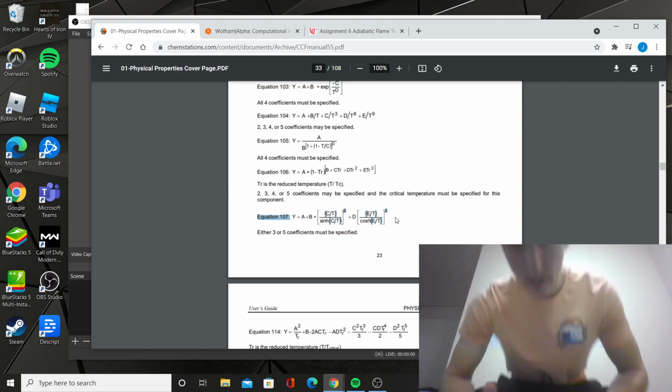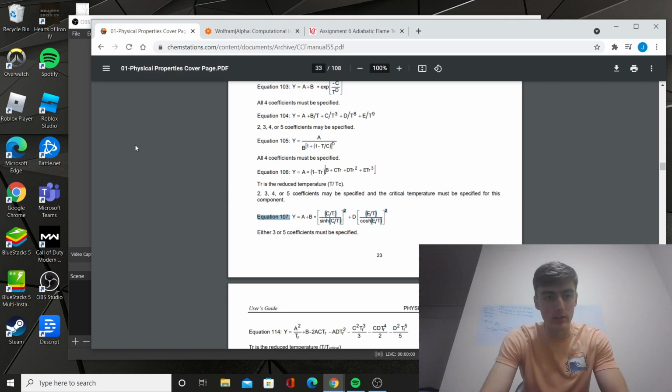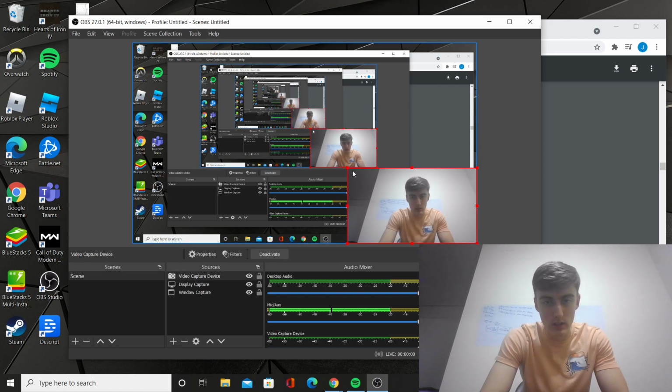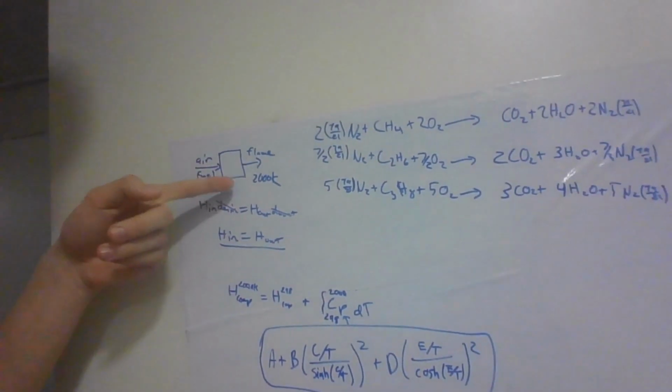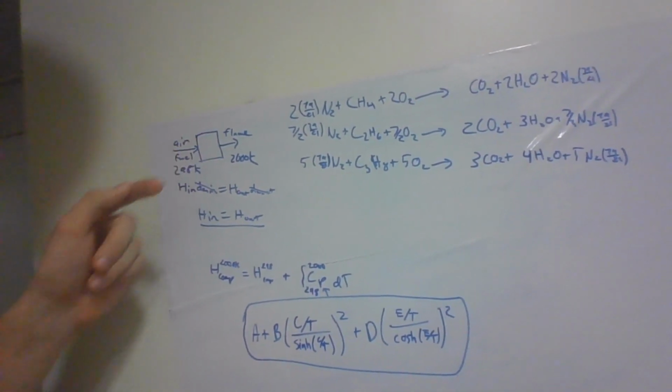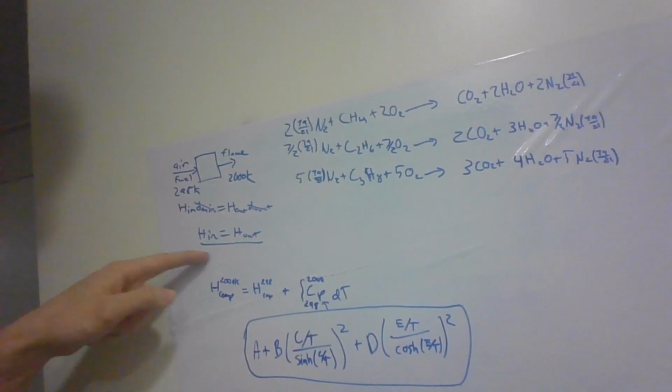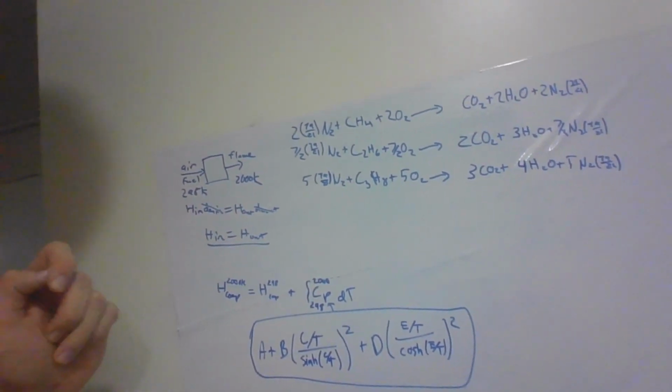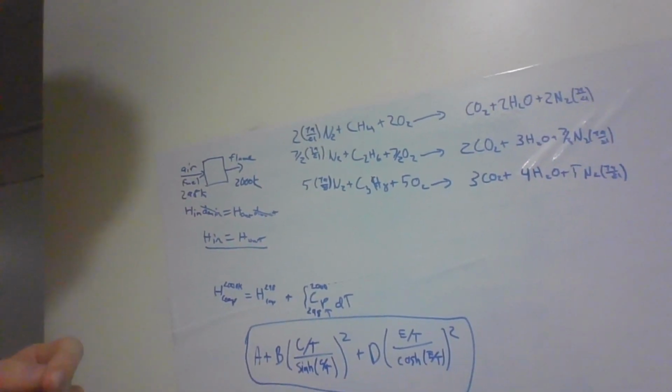However, I'm going to give a little close-up here and explain some stuff. Just to reiterate, we have our system where we put our air and our fuel in to get a flame, and the enthalpies will be equal to each other going in and out.